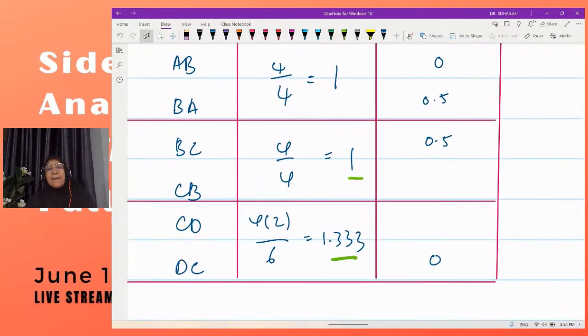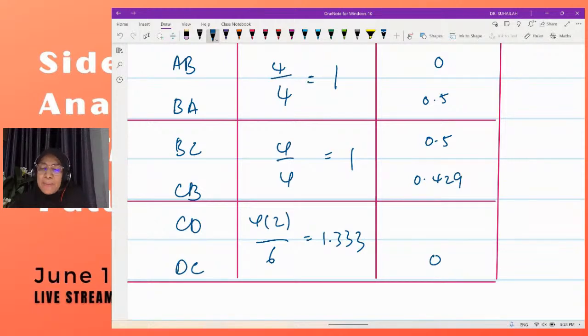Please calculate. 0.429. So this one is 0.429. Okay, we take until 3 decimal places, 429 is okay.